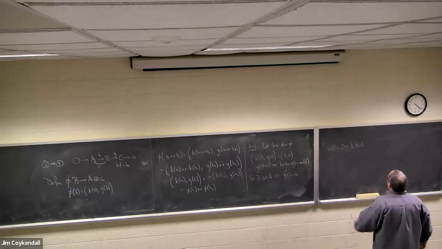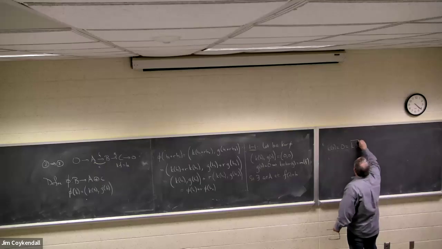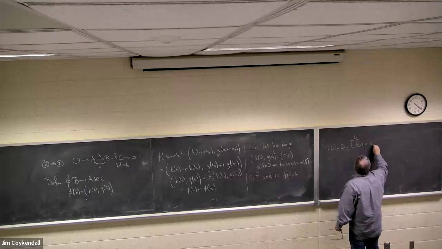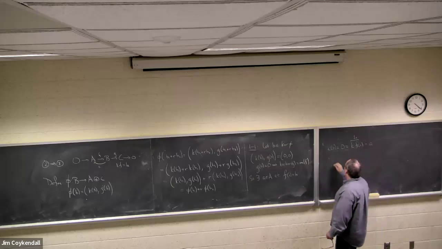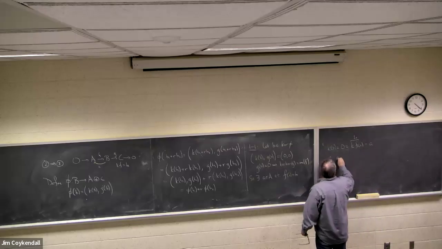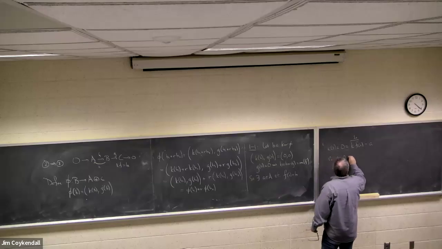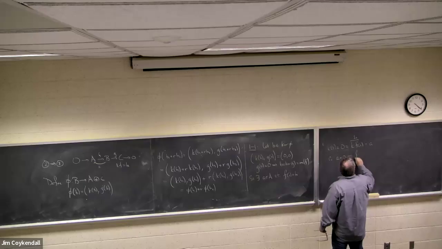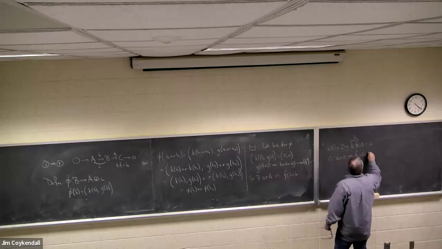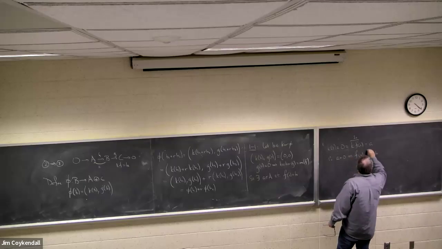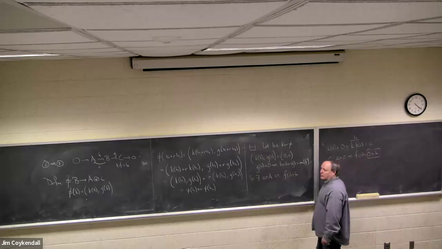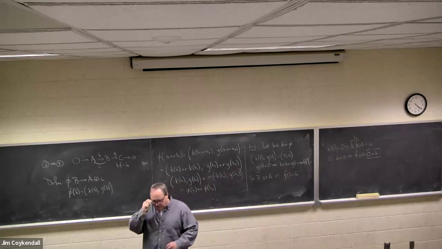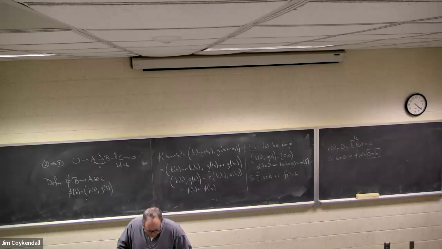And I know that KF is the identity on A. So this is A. Therefore, A is equal to 0, which implies F of A, so B equals 0, and this homomorphism is in fact 1-to-1.